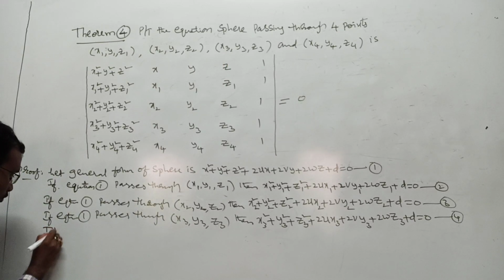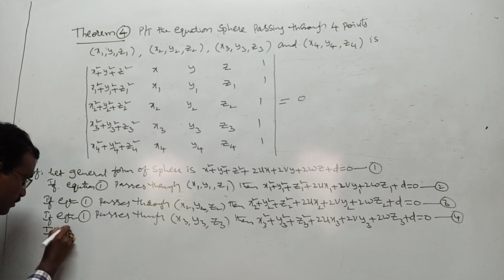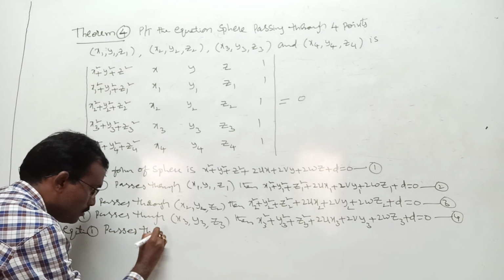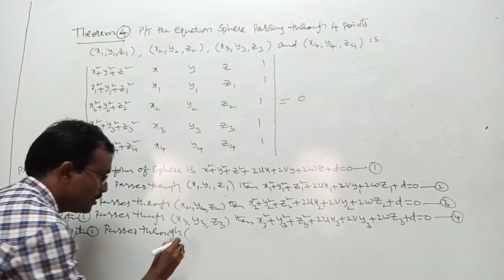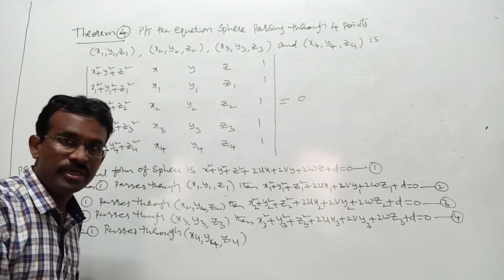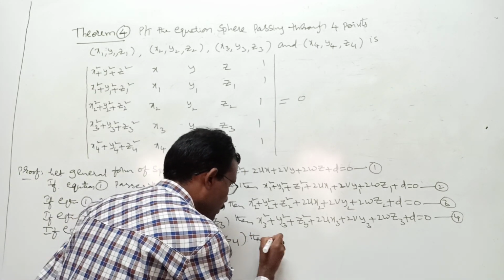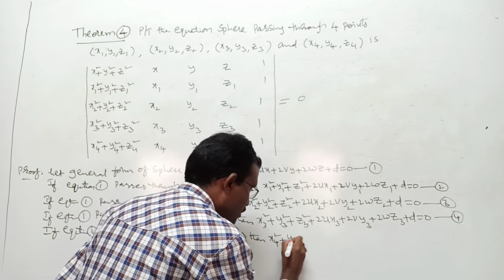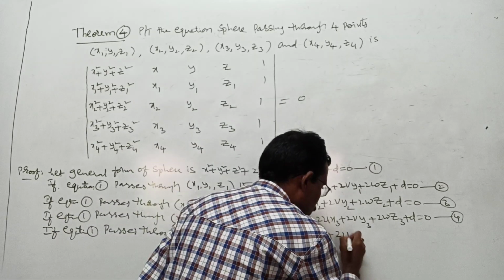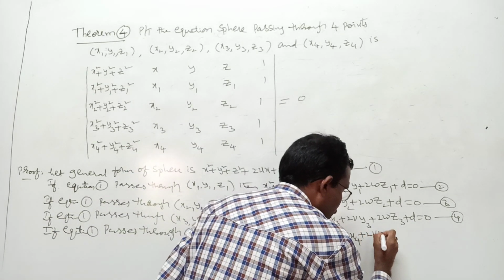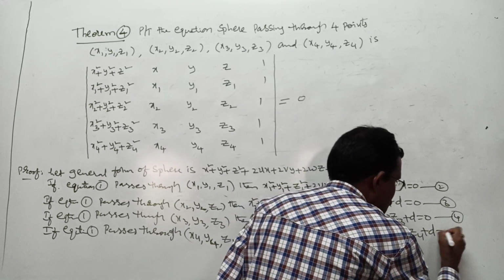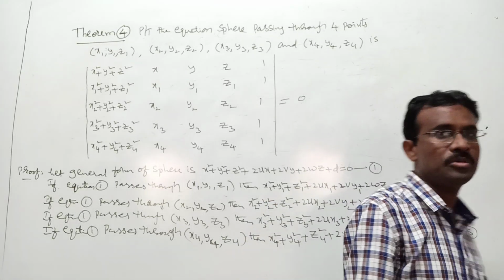If equation 1 passes through the given fourth point x4, y4, z4, then we have x4 square plus y4 square plus z4 square plus 2ux4 plus 2vy4 plus 2wz4 plus d is equal to 0. This is equation number 5.